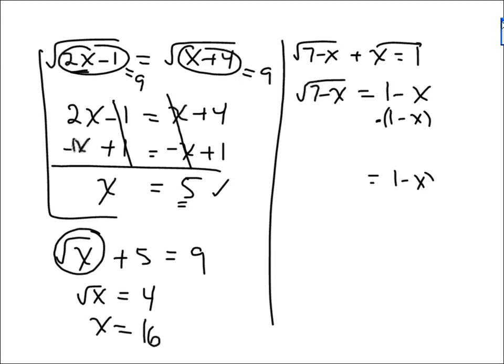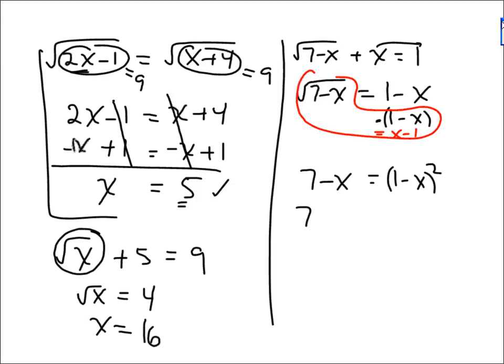You're going to get 1 minus x all squared. Whether you square 1 minus x or negative 1 minus x, you get the same answer. And when you square the left side, you get 7 minus x. So we might run into an error here. We might get an erroneous answer. We might get an answer for the square root of 7 minus x equals negative 1 minus x, which, by the way, is just x minus 1.